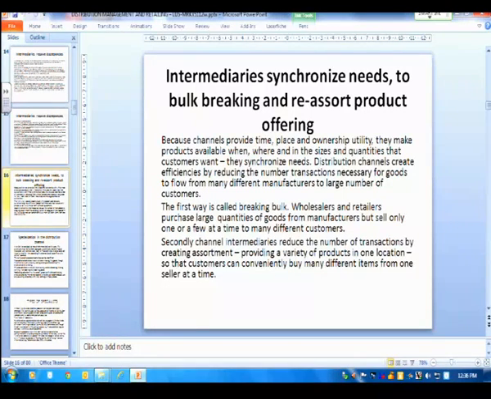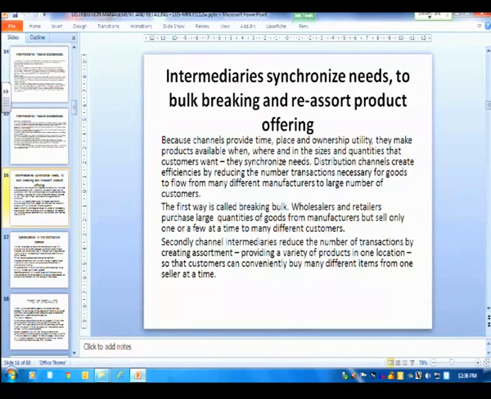They synchronize needs. Hence, distribution channels create efficiencies by reducing the number of transactions necessary for goods to flow from many different manufacturers to a large number of customers.